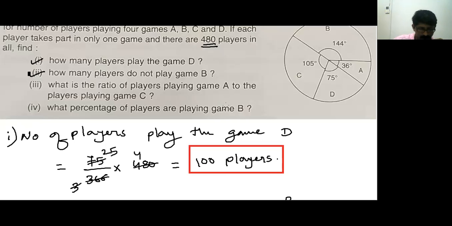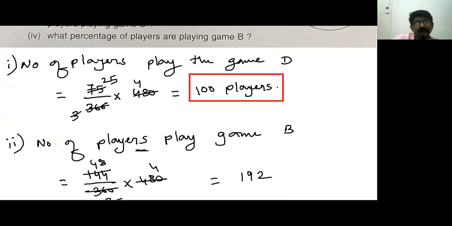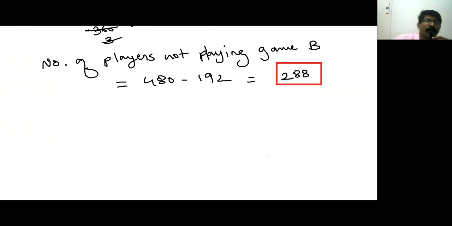Or else there is one alternate method also: if we do 36 upon 105, we're going to get the same ratio. So I'm doing the second method because that is very short and simple. No need to actually calculate the number of players who are playing game A and game C. You can calculate directly like this.